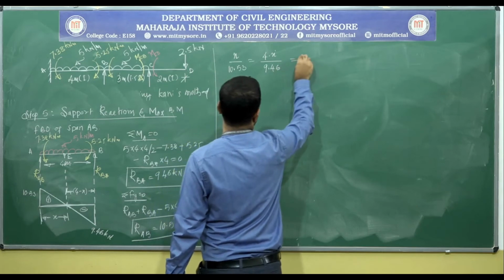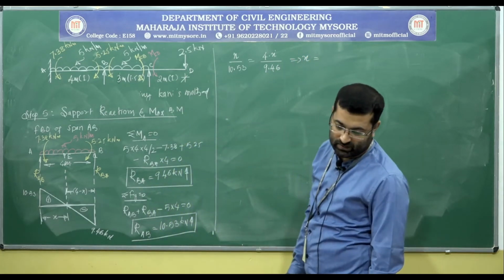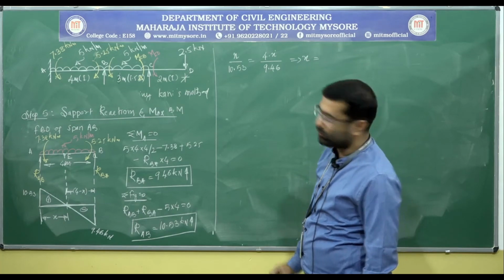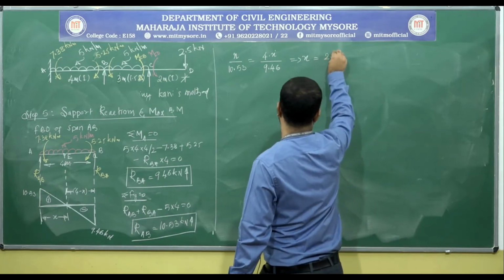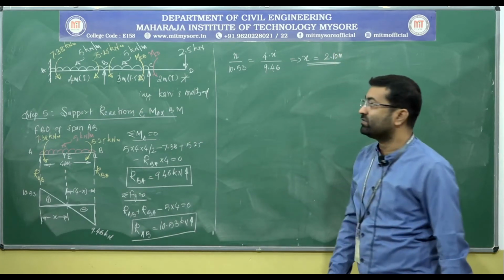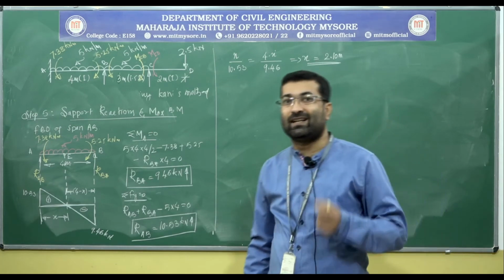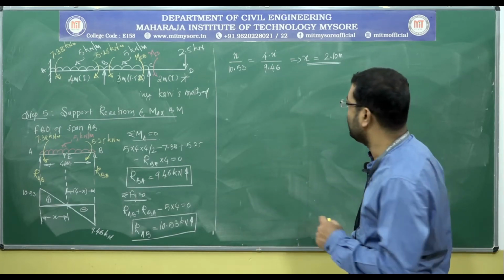So from this, if you calculate, the x value will be 2.10 meter. It means at a distance of 2.1 meter from point A, the shear force is 0 and exactly at the same location bending moment is maximum.